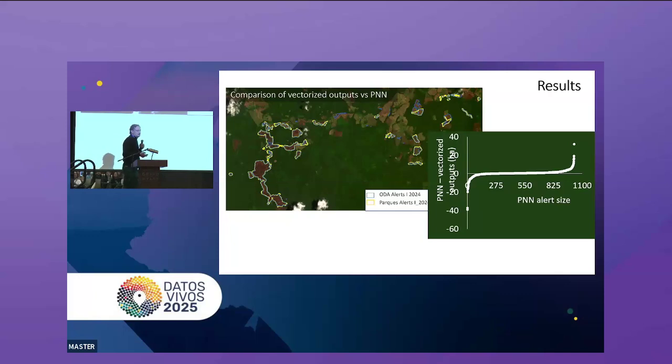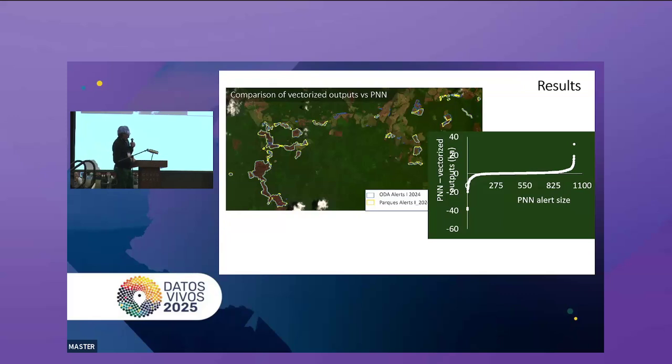Something that I want to emphasize is that one of the challenges is that they define transformation as human modification of land covers in natural ecosystems. So we need to make sure that the results reflect this. We can see that when we compare the area of these vectorized alerts we produce with the ones they produce in the quarterly alerts, they coincide very closely.